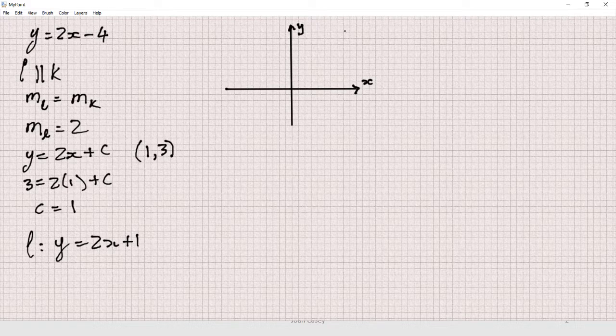I might just draw the line like that, mark that as 1, and mark this as 2, 5. The points (2, 5) and (0, 1) are on the line, so that is a fair representation of y equals 2x plus 1.